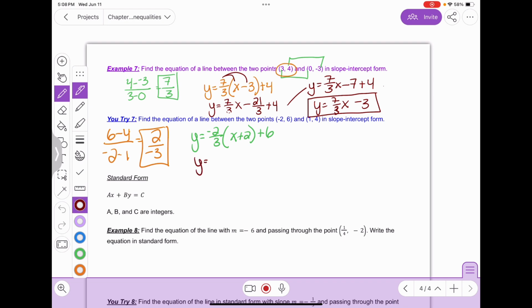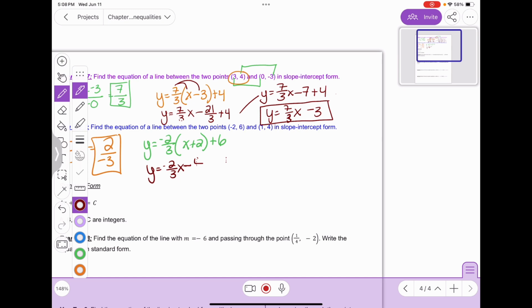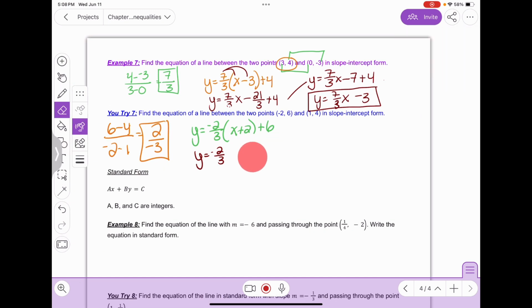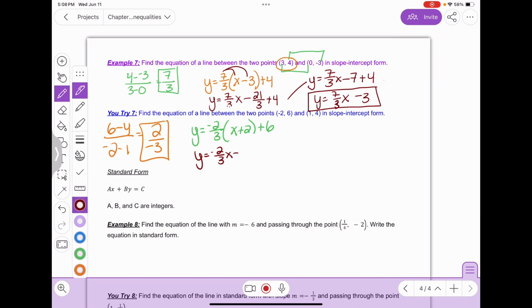Distribute, you get negative 2/3 x minus 4/3 plus 6. And then 6 would be 18/3. So that would be y equals negative 2/3 x, negative 4/3 plus 18/3 is 14/3. There's your slope-intercept form.